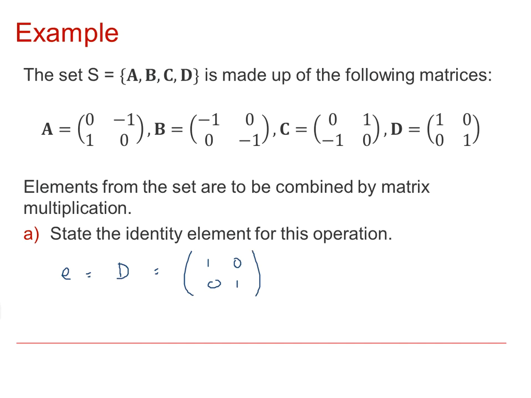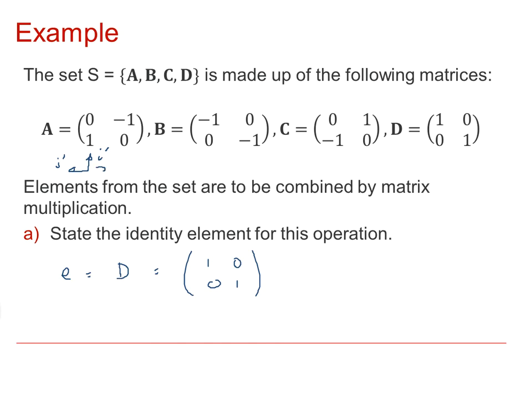You may want to think about what each of these matrices performs in terms of a transformation. If you look at where the unit vectors have gone to, then in A, I dashed is 0, 1, and J dashed is -1, 0.